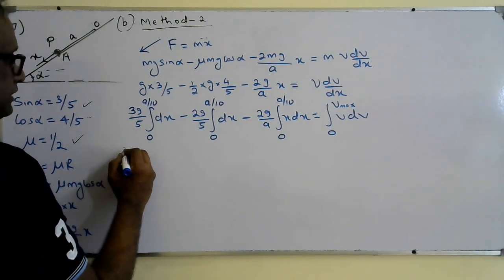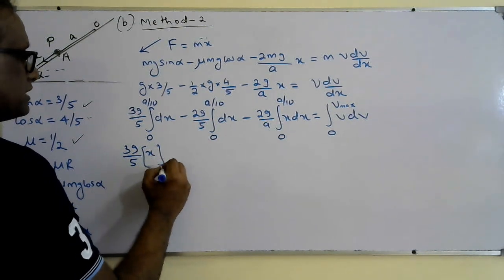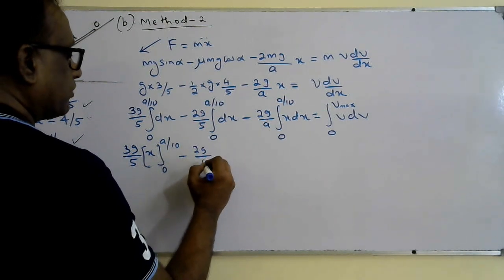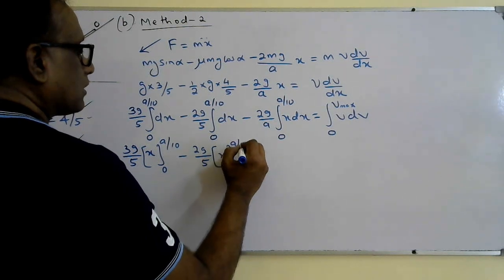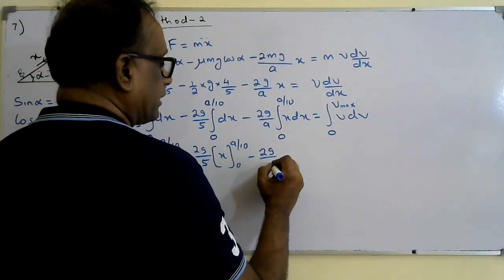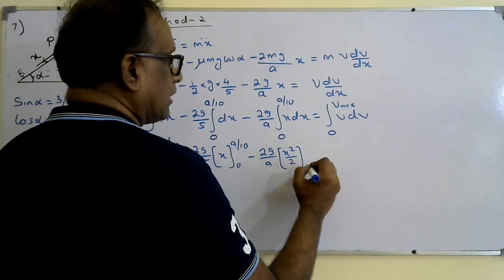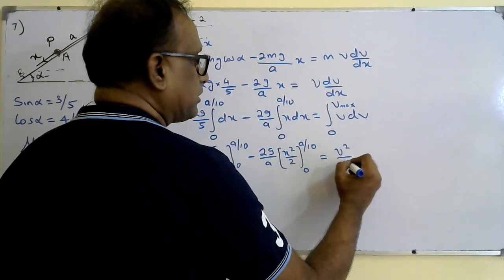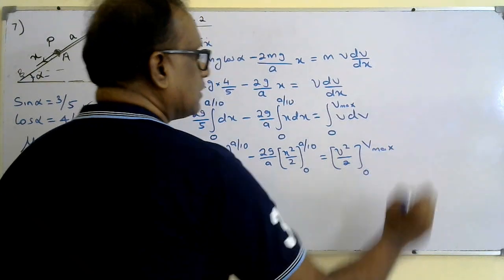So that is going to be 3g over 5 x, the limits 0 to a by 10, minus 2g over 5 x, 0 to a by 10, minus 2g over a times x squared by 2, this 2 and this 2 will get cancelled, 0 to a over 10, equal v squared by 2, 0 to v max.